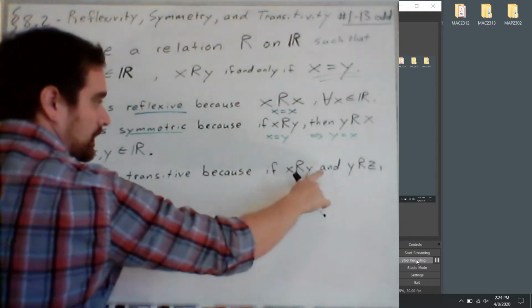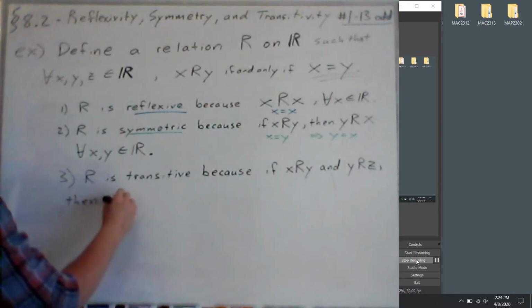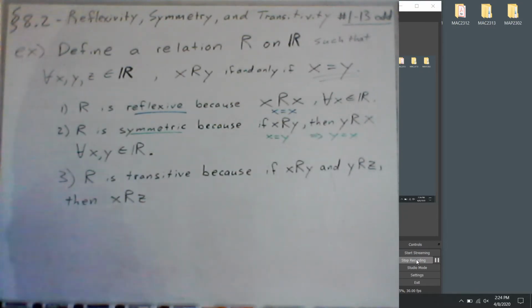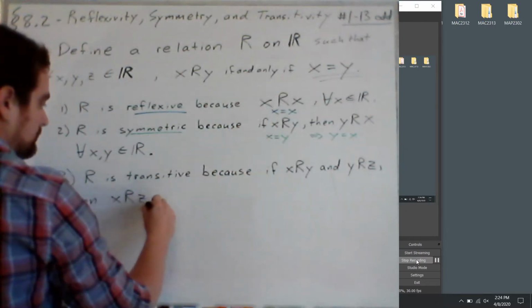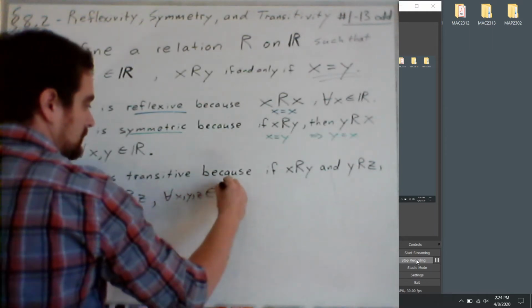If x relates to y and y relates to z, is this true? Yes, it is. Then x relates to z. Why? Because of this equality for all x, y, and z in ℝ.